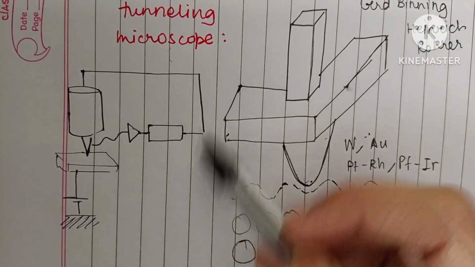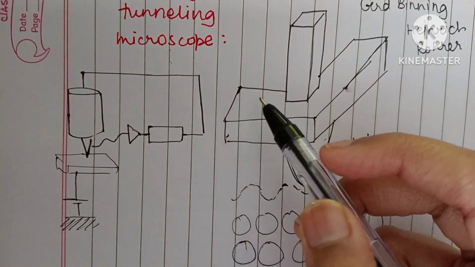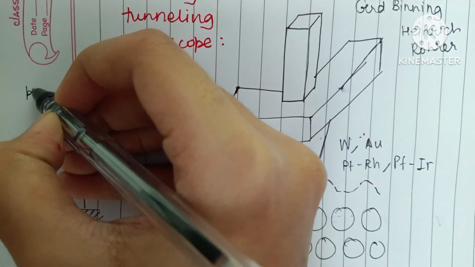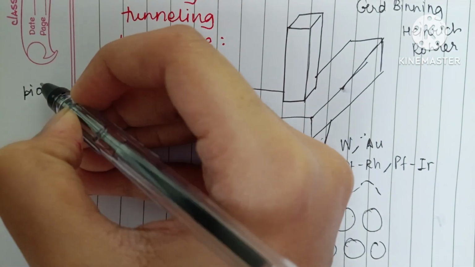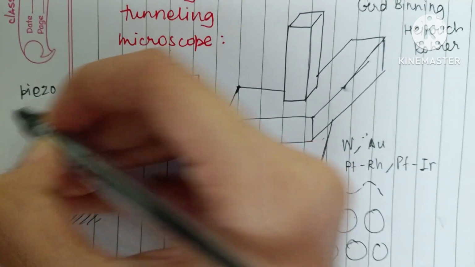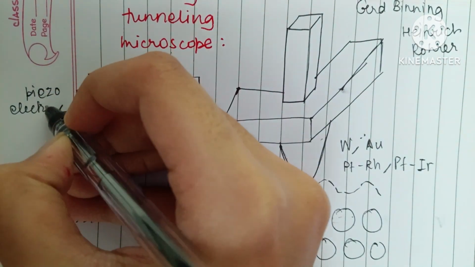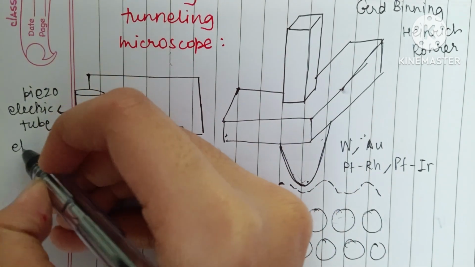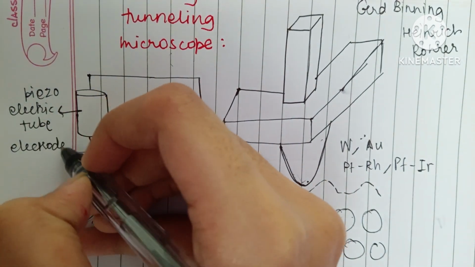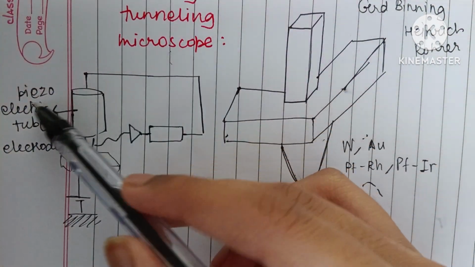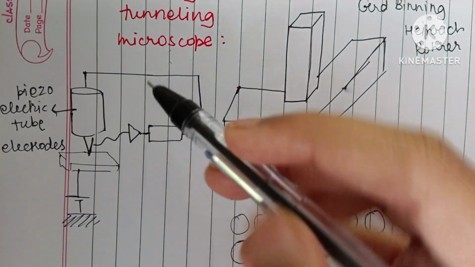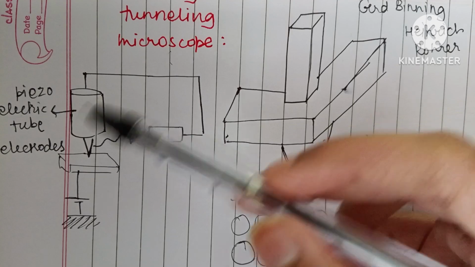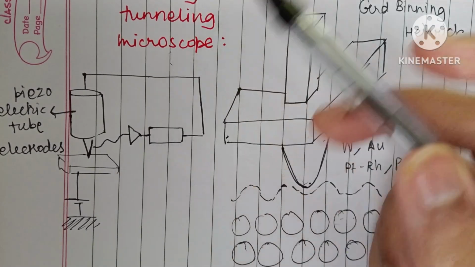Here is another diagram of the scanning tunneling microscope. This is a piezoelectric tube with electrodes. A piezoelectric is a crystal that creates potential differences when mechanical stresses are imposed on it, or vice versa.